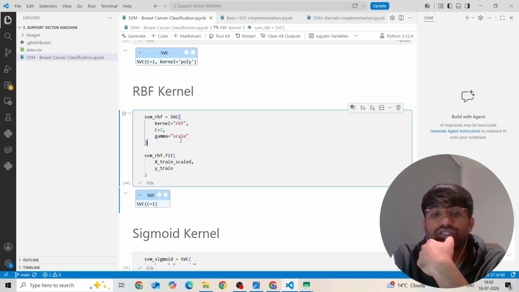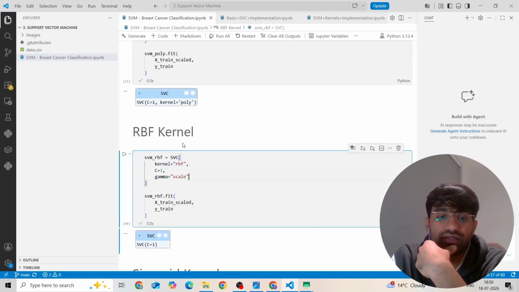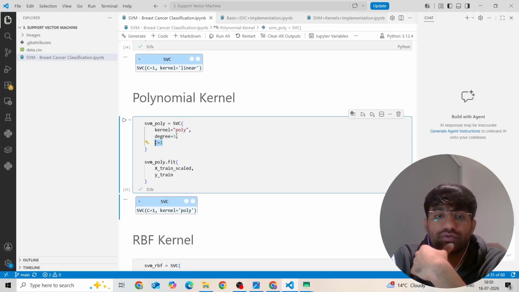And I have used here only gamma equal to scale. It might be that gamma equal to auto will give you the best accuracy. Who knows? And c could be some other value, and degree some other value. Here c is equal to 1 and degree is 3.